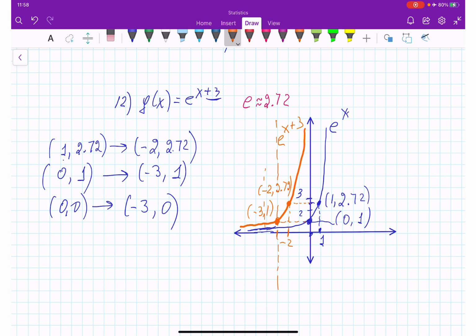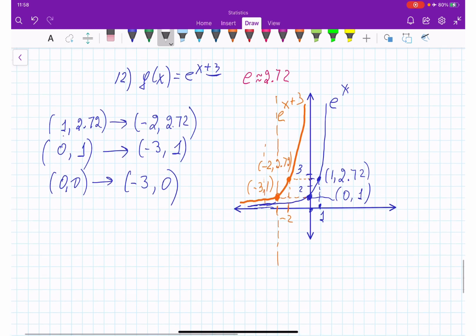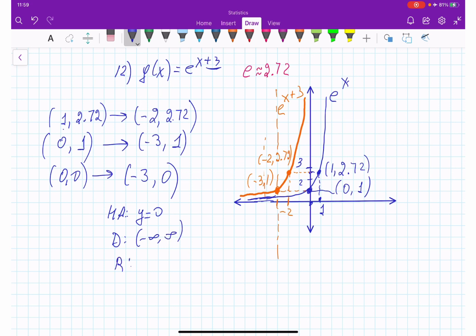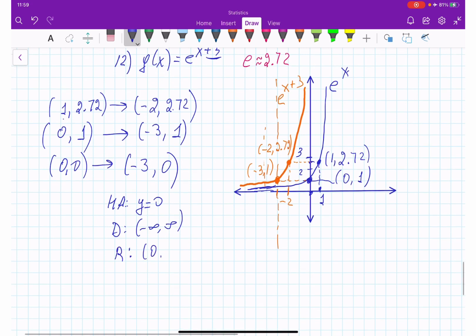Okay. There we go. So again, what's going to be here? The horizontal asymptote is y equals 0. Domain, same old, same old. And the range is going to be from 0 to infinity.